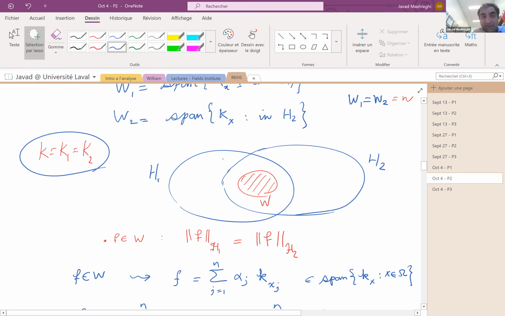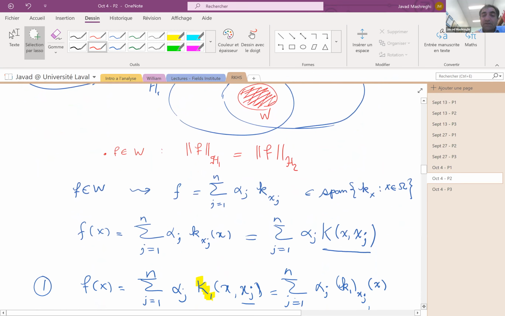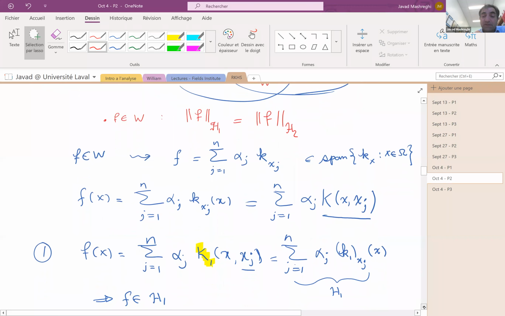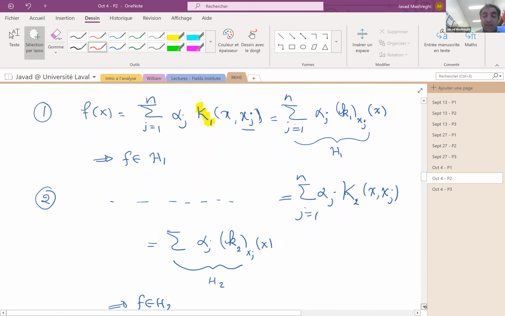So I have something like this. I have a W, a set of functions which live inside H1 and live inside H2. That W is dense in H1 and dense in H2 is a consequence of the previous lemma.